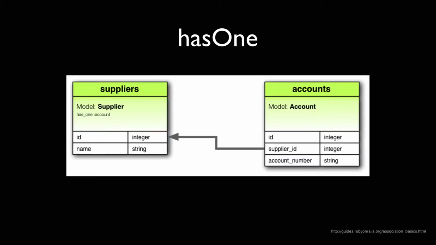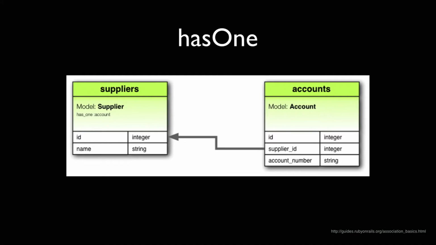So the different types of relations by default, there are a few more than this, but these are the four most common: a has one, a has many, a belongs to, and a belongs to many relationship. You can think of a has one as if you only have one of something.